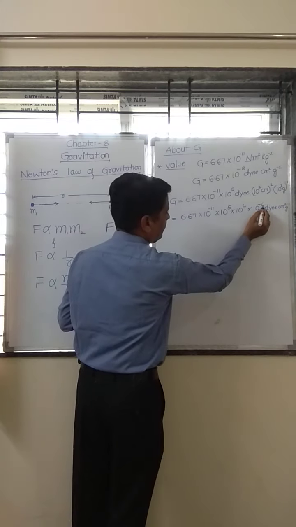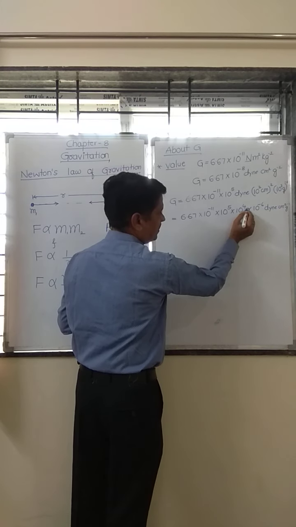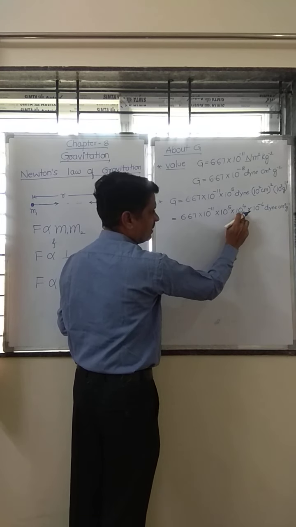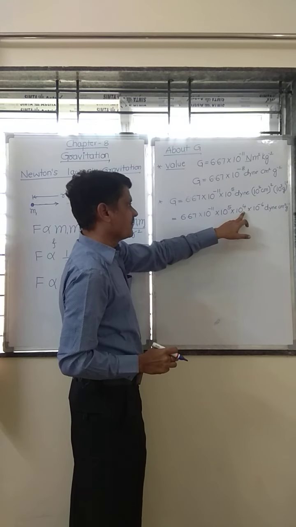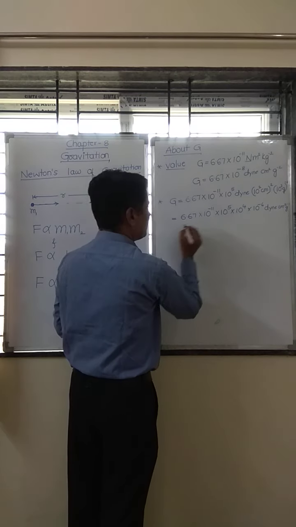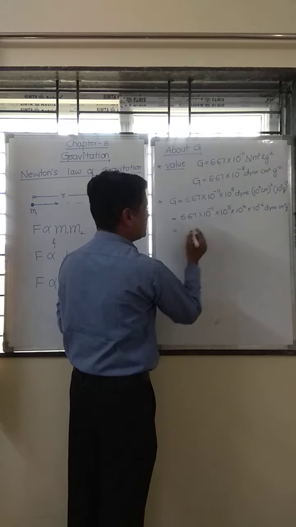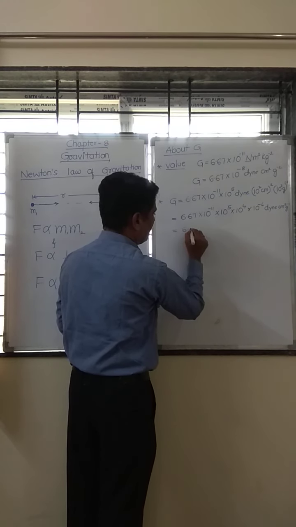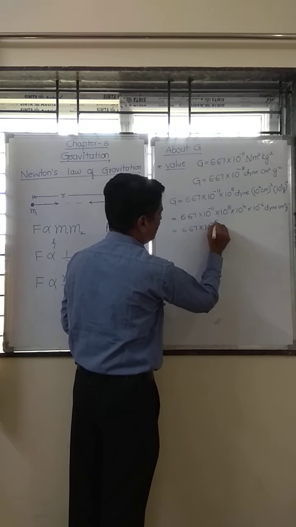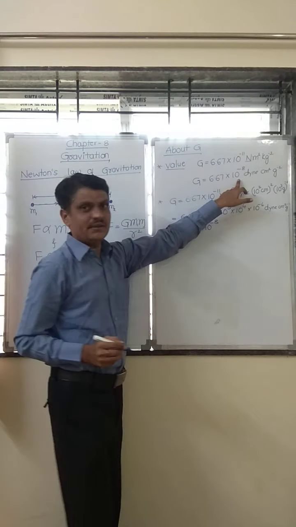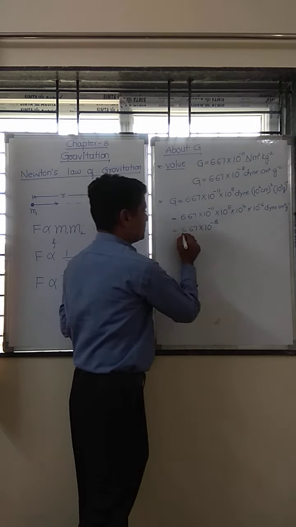See here, minus 6 and plus 5 means minus 1. Plus 4 means plus 3. Plus 3 minus 11 is minus 8. Therefore 6.67 into 10 to the power minus 8. Right? So this is in CGS system.